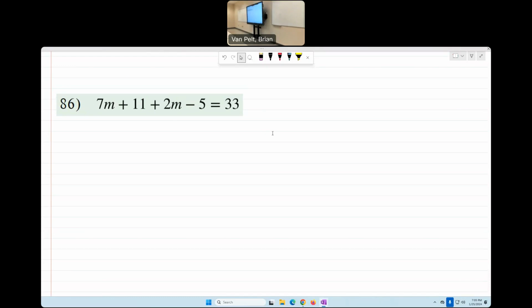So what I mean is, on the left side, when I say simplify, what does that mean? Combine like terms and all that stuff.